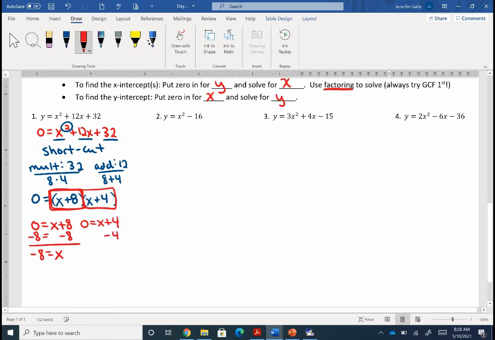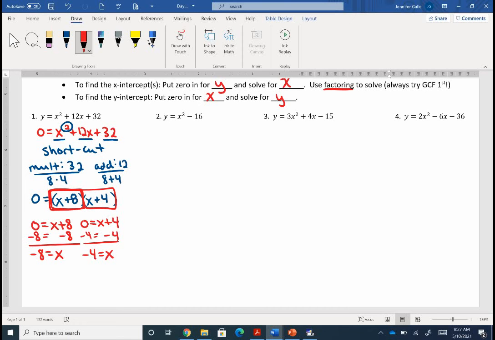Or if x were to equal negative 4, we would get a 0 in that second set of parentheses, and our whole right side would be 0. So we need one of the sets of parentheses to be 0, one or the other. So we find the two numbers that can make that happen. It's one or the other.